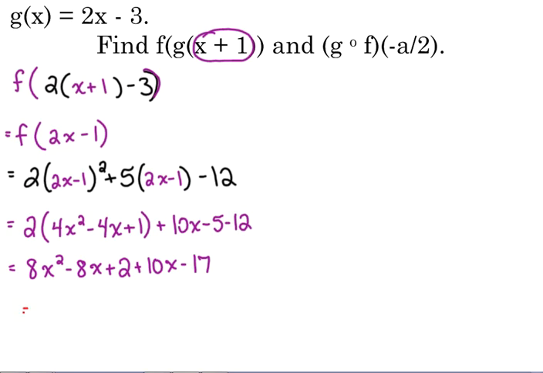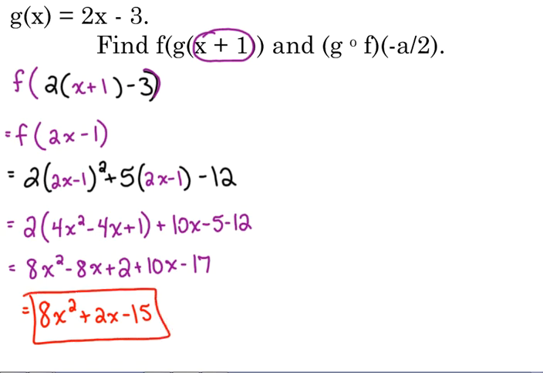And then final step, combining like terms. Negative 8x plus 10x is plus 2x. 2 minus 17 is negative 15. Okay, so it looks complicated, it looks intimidating, but it's really not that bad.